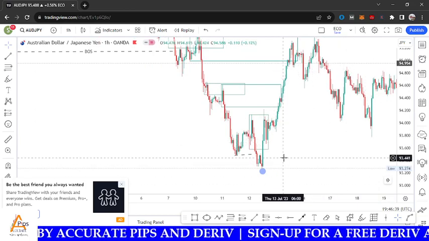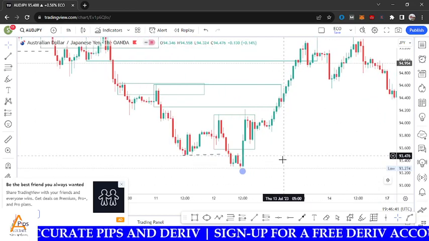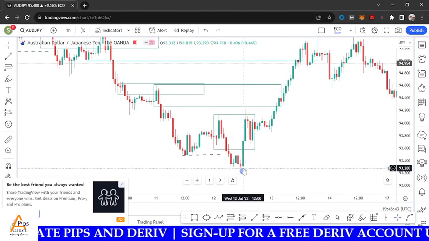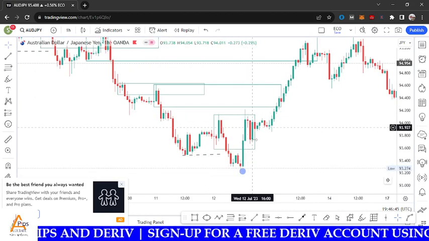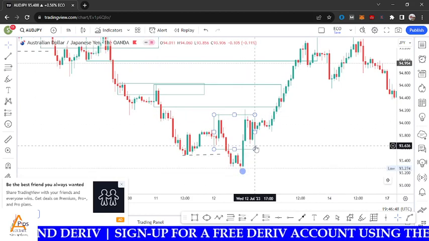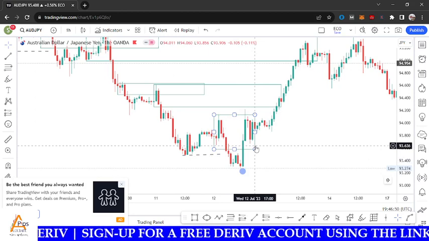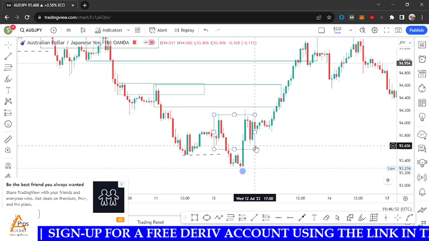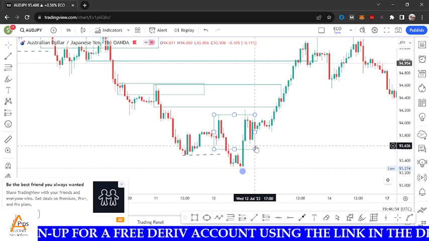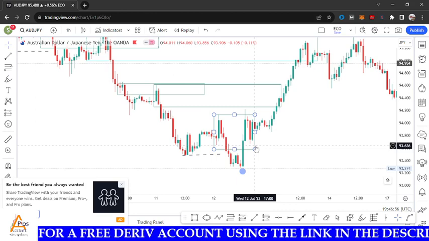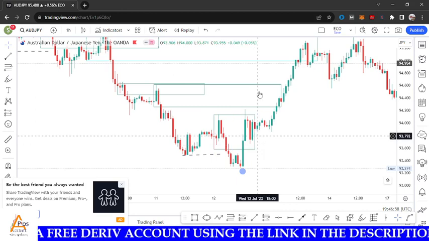So over here we can see price. We have this, then this pullback. In a bullish move, we said our order flow is based on the last selling momentum.